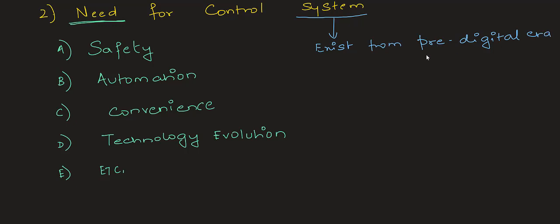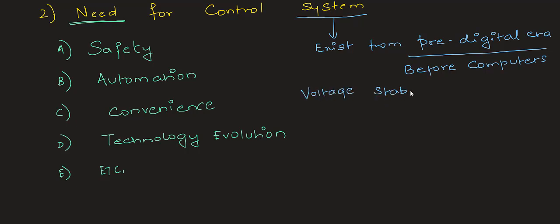The second is automation. For automation, it's best to see that the control system we are talking about is from the pre-digital era, considered to be before computers, or BC. A technology BC is always called before computer. When we say BC technology, we are talking about analog systems.